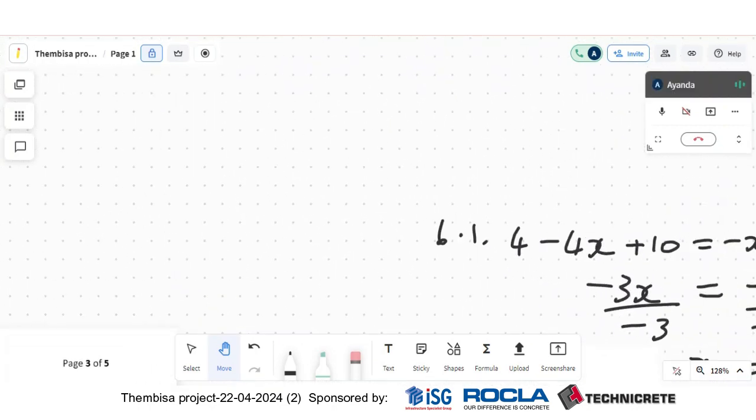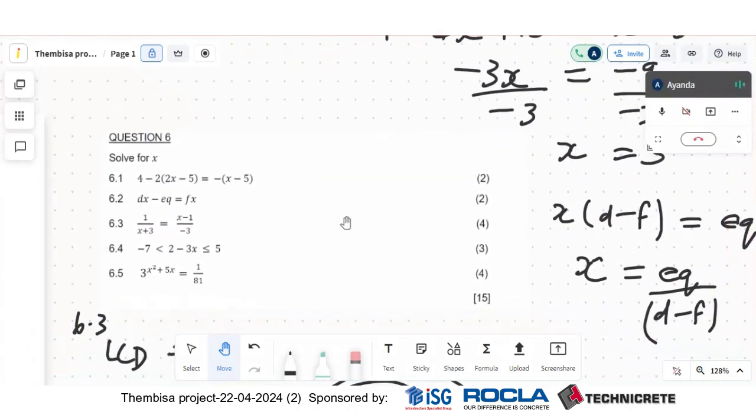Oops, looks like I've lost. There we go. Question 6. So 6.5, we have 3x squared plus 5x is equal to 1 over 81. Interesting one. How are we going to do this?